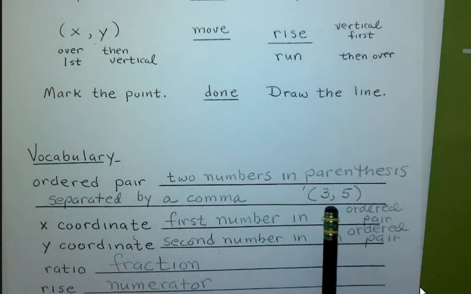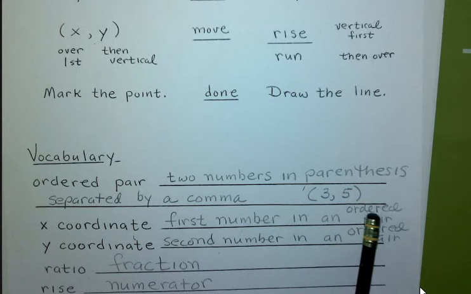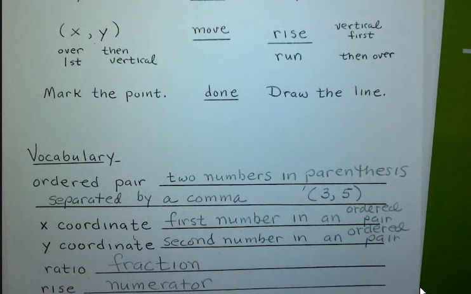And that means that it's very important that you know what the 3 stands for and what the 5 stands for, so that the ordered pair makes some sense to you. We're going to be using XY ordered pairs. So the first coordinate will stand for whatever we want X to be, and the second coordinate will stand for whatever we want Y to be.